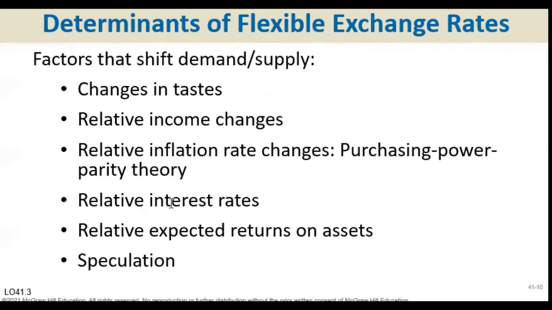Interest rates and the expected rate of return on assets can also affect the demand if the relative rates are different between nations. Another factor is speculation. Speculators are people who buy and sell currency solely to make money, the concept of buy low, sell high.